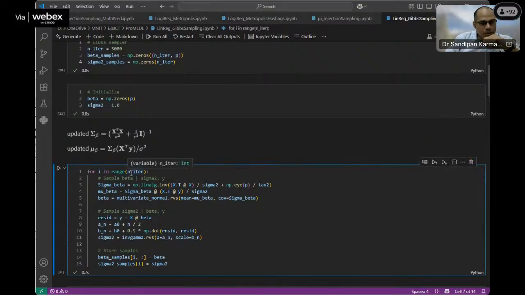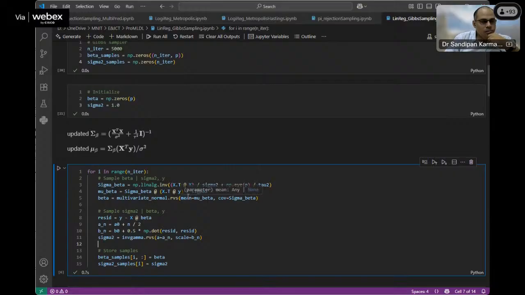For a number of iterations, first I'll be generating beta from its full conditional. The posterior is normally distributed because my prior is normally distributed, and it is having conjugacy. So I calculate mu beta and sigma beta first, and then I generate a sample from a multivariate normal distribution.